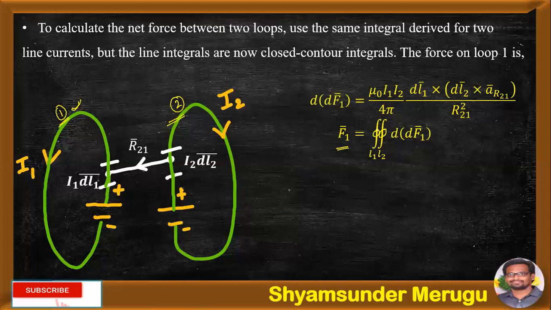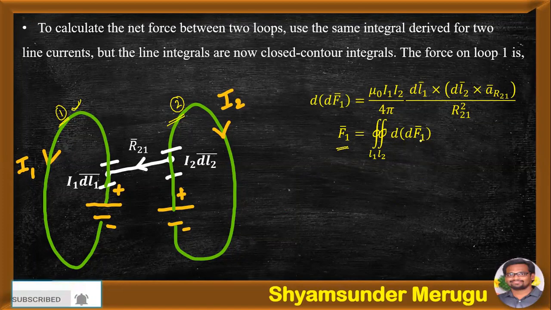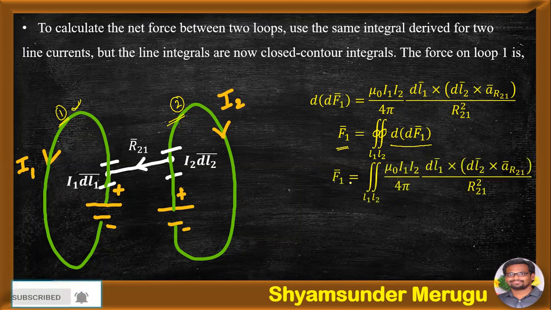Now F1 bar equals closed line integral L1 closed line integral L2 dF1 bar. Now substituting the expression of dF1 bar, here we get F1 bar equals closed line integral L1 closed line integral L2 mu naught I1 I2 over 4 pi of dl1 bar cross (dl2 bar cross a_R21 bar) over R21 square.